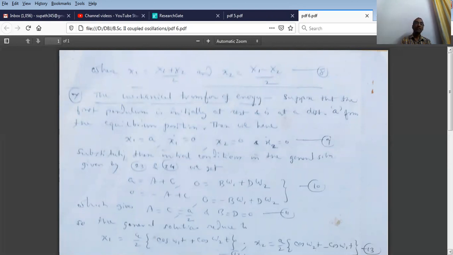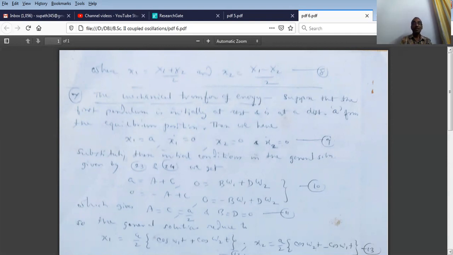Equation 10, which gives a equal to c equal to a by 2. Understood? And b equal to d equal to 0. This is equation 11. Okay, up to this point it is clear.